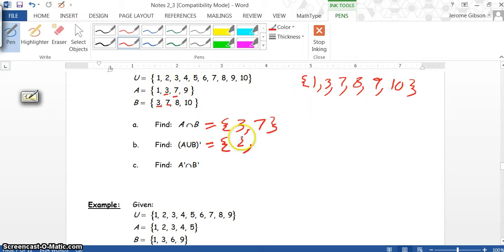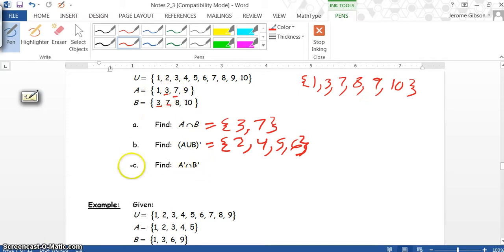So we will have 2, 4, 5, 6, and that is actually it. We will stop at 6, because remember, the complement means basically all of the values that are contained in the universal set that you do not have in this set here.